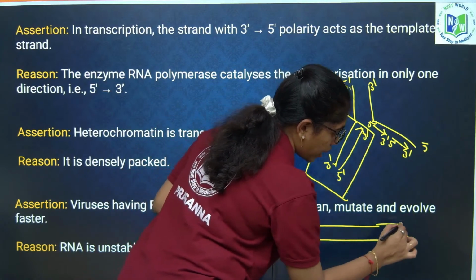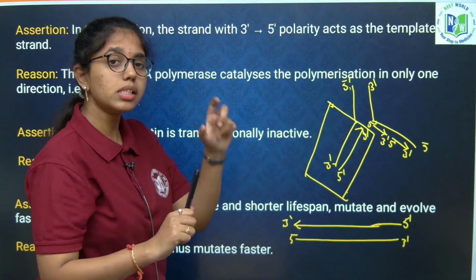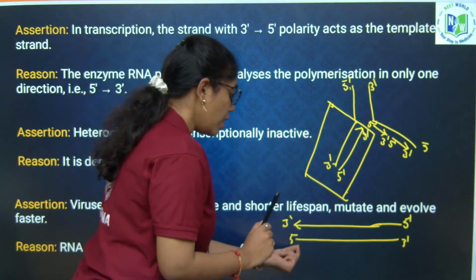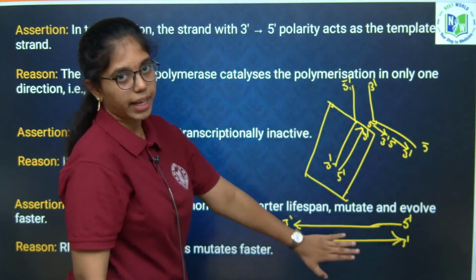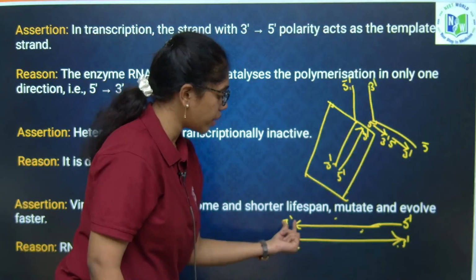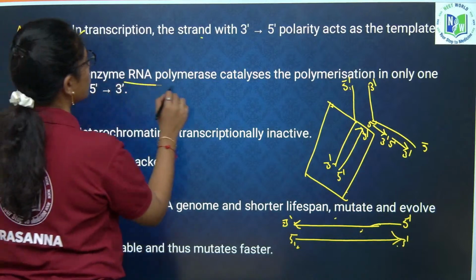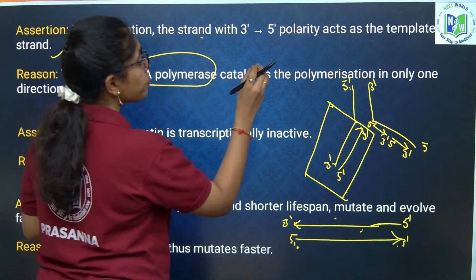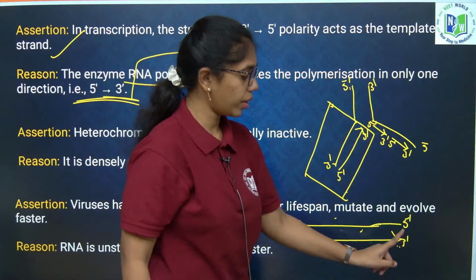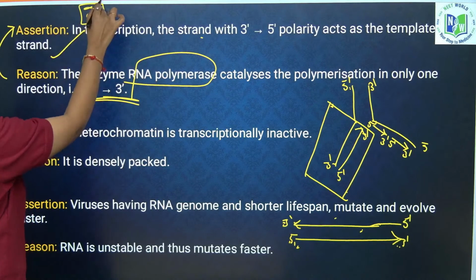Be it RNA synthesis or DNA synthesis, polymerization always takes place in the 5' to 3' direction. When the synthesis is from 5' to 3', the template will be 3' to 5' only. So statement 1 is true. The enzyme RNA polymerase which catalyzes transcription polymerizes in only one direction, that is 5' to 3'. Both statements are correct, but nowhere does it explain the assertion, so we choose option 2.